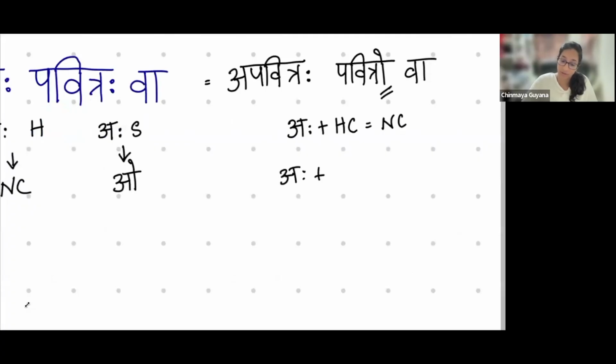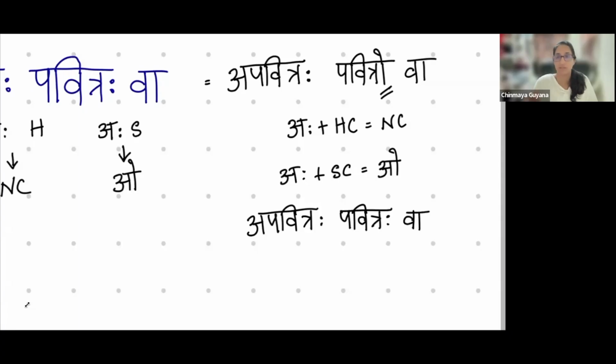Aha plus v plus soft consonant equals O. You write the rule and then you write the original. A, pa, vi, traha, pavitraha, va. So that's how the homework is going to be done. Reverse. Okay.